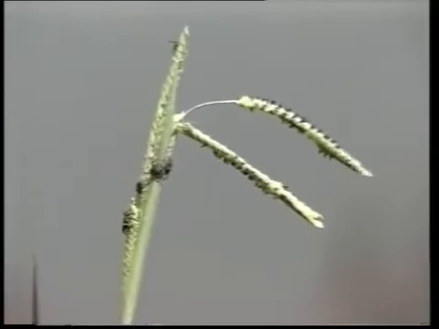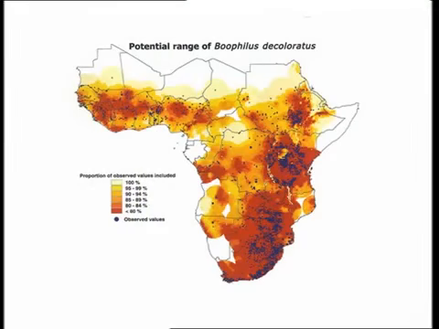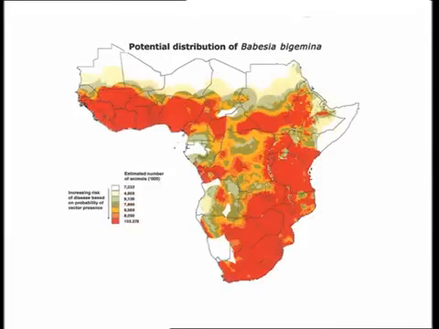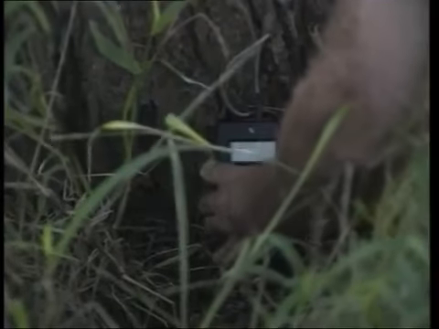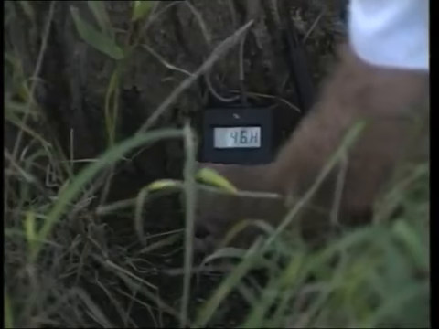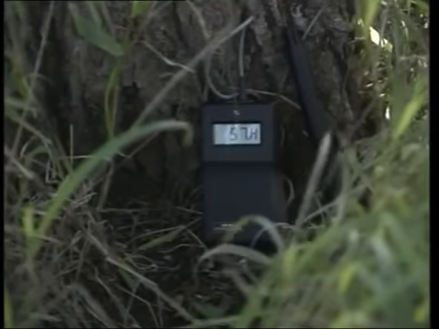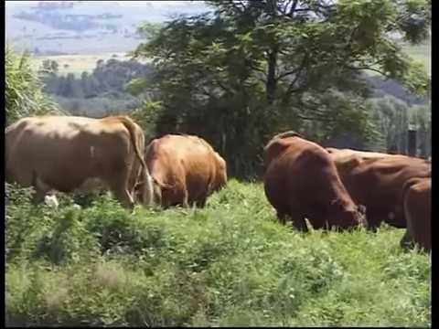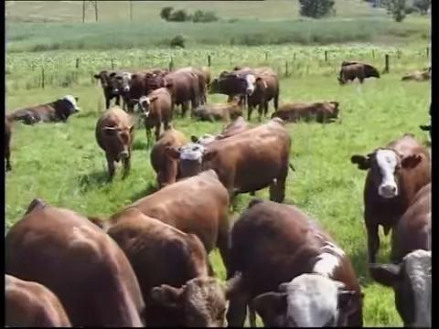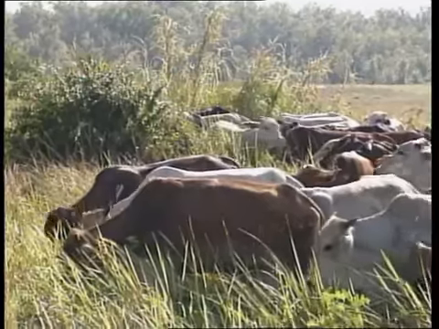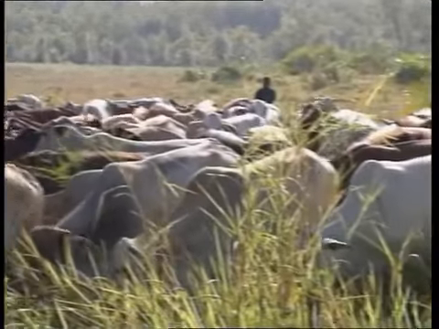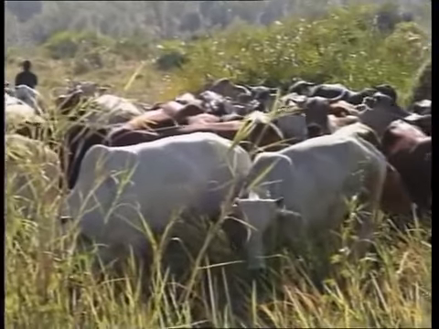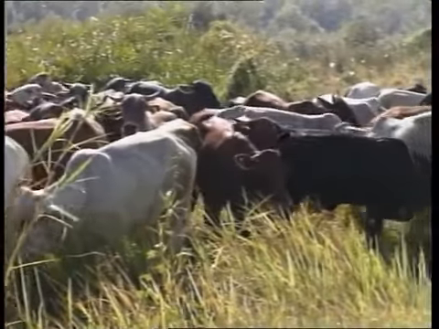Although the distribution of the specific tick or ticks that transmit a particular parasite usually defines the distribution of that particular tick-borne disease, this may vary greatly over time. For example, climatic changes, such as successive years of above-average rainfall, may render certain areas temporarily well suited to a specific tick, thus allowing it to gradually extend its range into areas where it and the diseases it transmits previously did not occur.